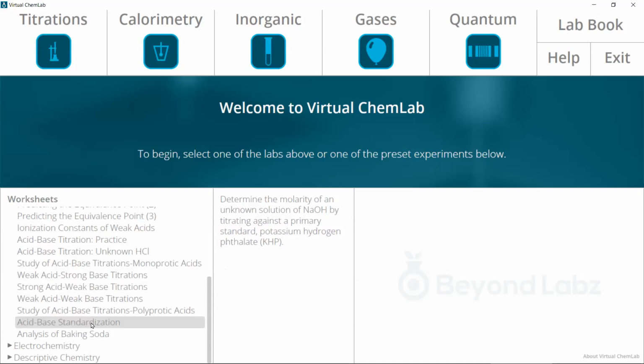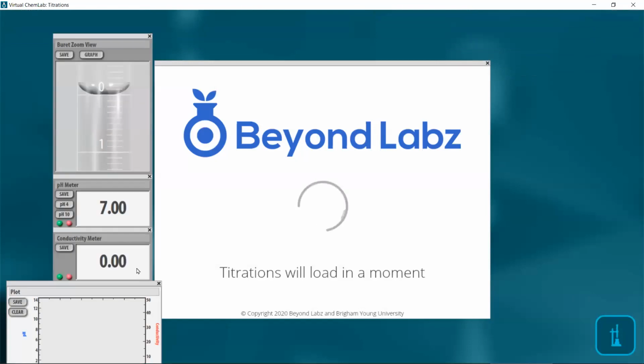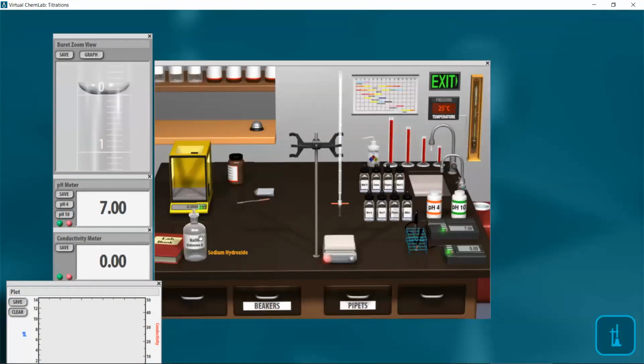So I'm going to click on acid-base standardization. Everybody see the lab with the burette and all sorts? Thank you. Now, this is a burette. This is called a stopcock, or they'll call it a valve. You can open and close it.